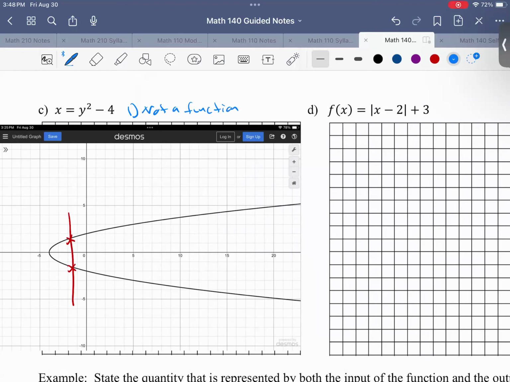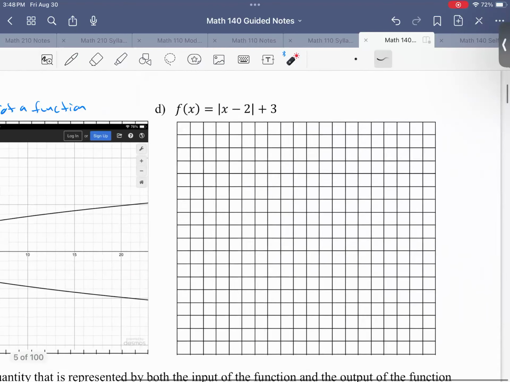And since it's not a function, we don't have to worry about domain and range and restrictions, okay? So not a function, and we're pretty much done. Okay, so I take care of that one.